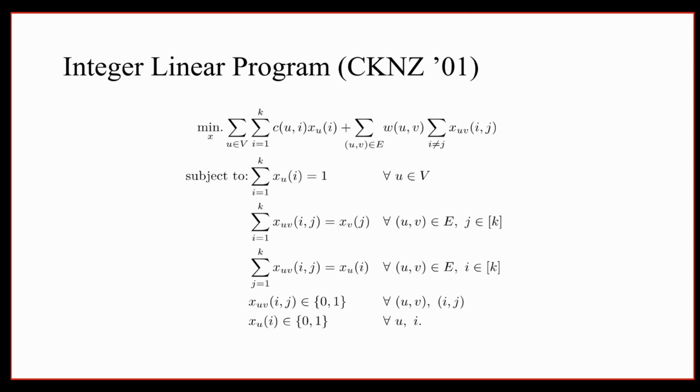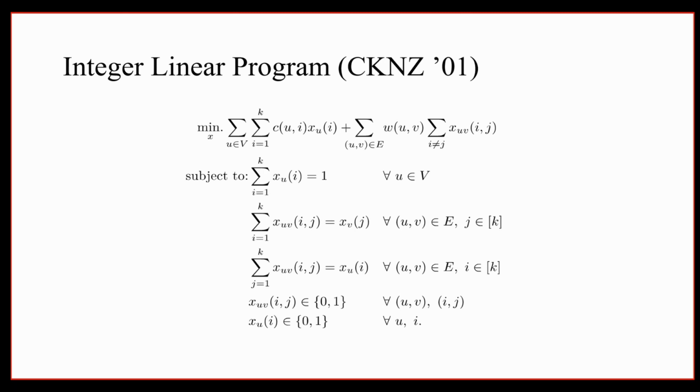And then for every edge UV, you have a variable for every possible pair of labels, x_uv(i,j). If you saw this earth mover distance or things like that before, this is essentially the same thing. If you restrict this to be exactly 0, 1, then this gives you the exact optimization problem.